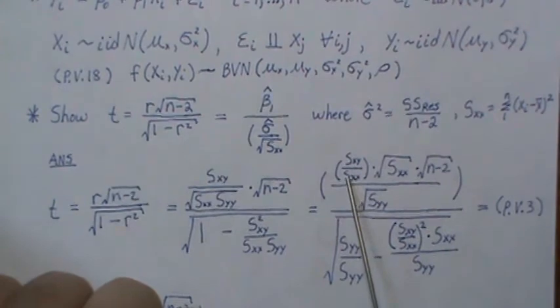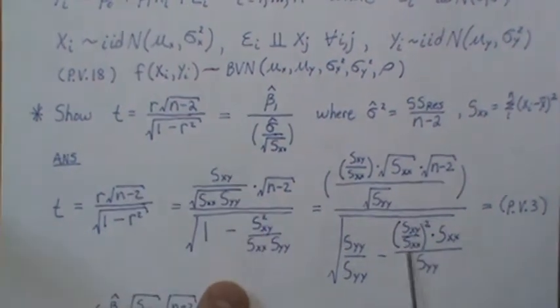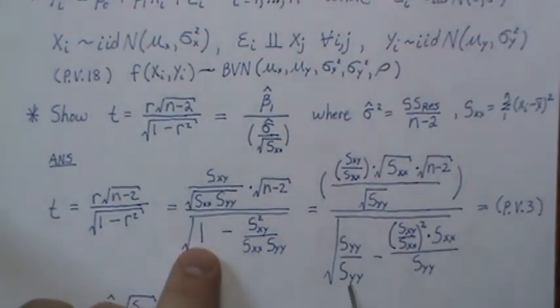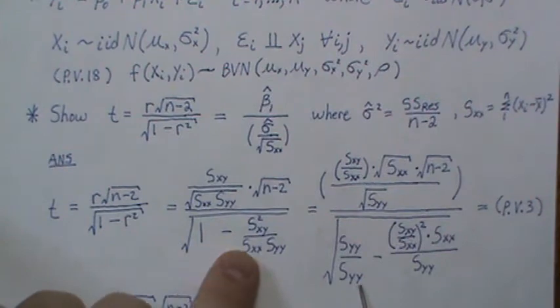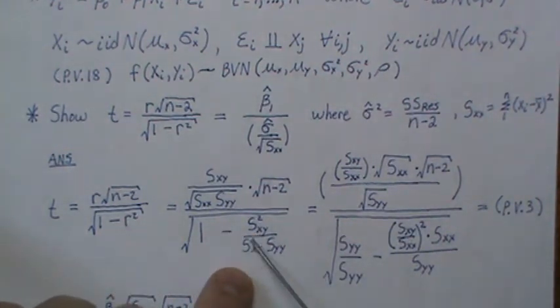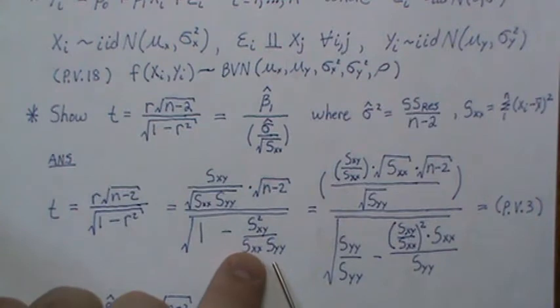So that's why we get one of those. So nothing really changed between the numerators. Denominators, we're going to try to find a like denominator. So 1 is SYY over SYY minus, we take this piece to the top, and since that's squared now, we have to multiply, so it cancels one of those. We only want 1.